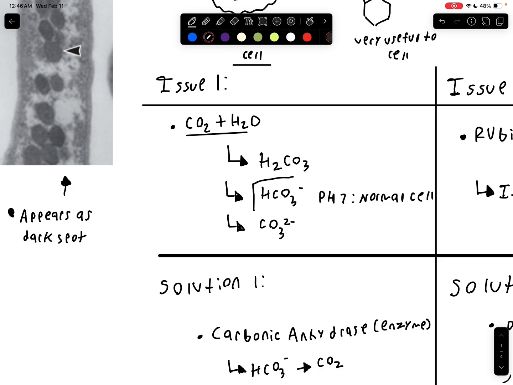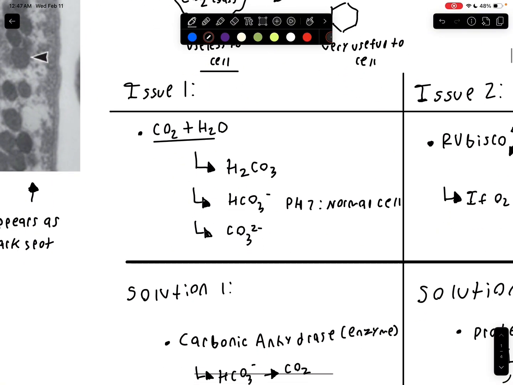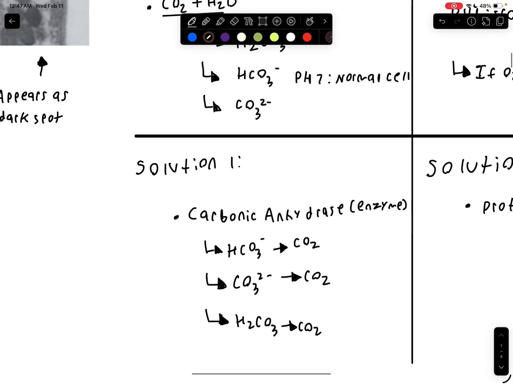So what you end up with is this right here, the HCO3 minus, right? You don't have to worry about the name, but just know that you end up with HCO3 minus. That's an issue right there, because we said it uses CO2 gas and it becomes a carbon sugar. So what we need is to solve that, right?